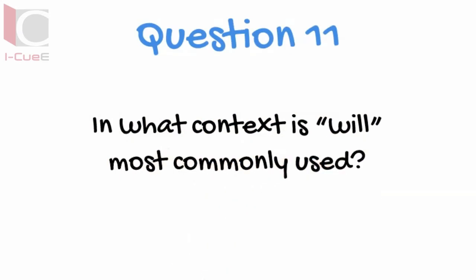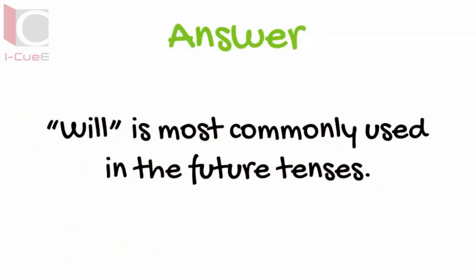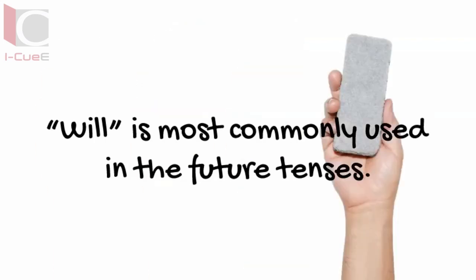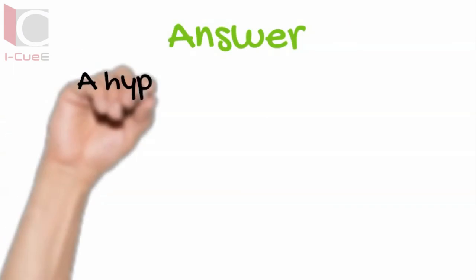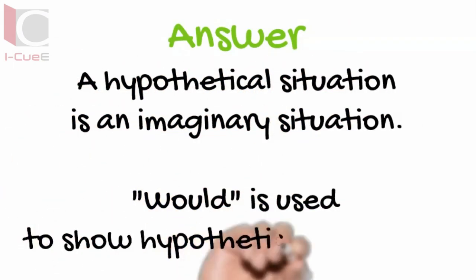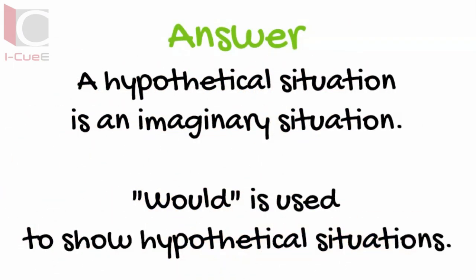In what context is will most commonly used? Will is most commonly used in the future tenses. What is a hypothetical situation? Which modal verb is used to show this? A hypothetical situation is an imaginary situation. Would is used to show hypothetical situations.